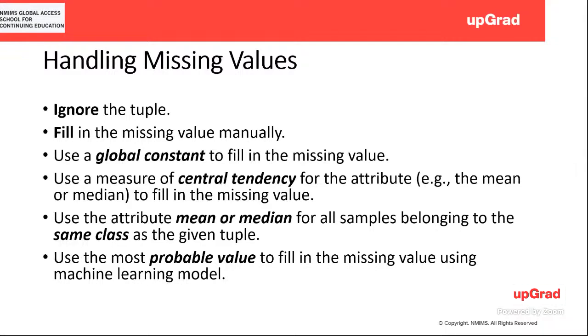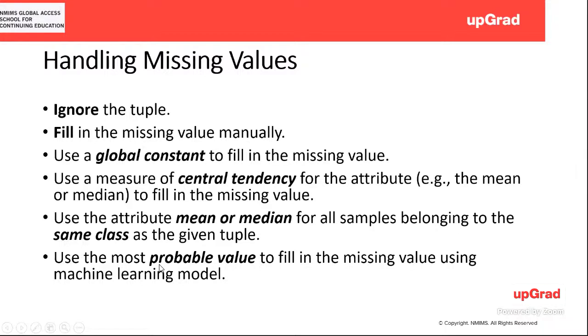Suppose you want the average age of male and the average age of female. For female you want a different average age, and for male you also want a different age. In that scenario you can use different values for different classes. That is known as mean or median for all samples belonging to the same class.